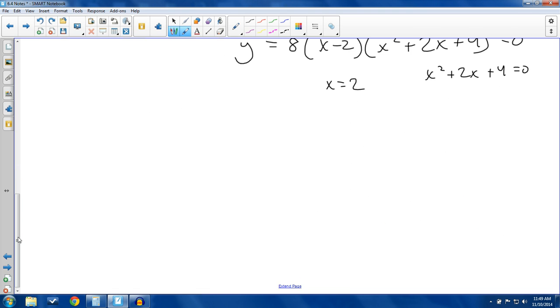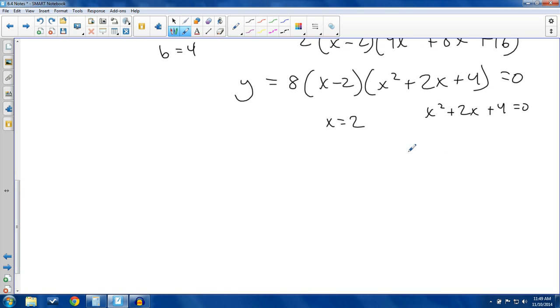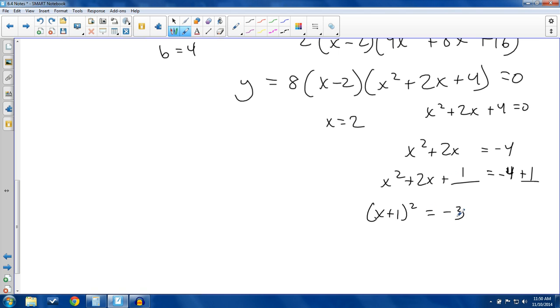Because I still have 5 more minutes, I'm going to give that one to you. Do x squared plus 2x equals negative 4. I'm going to complete the square on this one. X squared plus 2x plus 1 equals negative 4 plus 1. Right? Divide by 2 and square it. This becomes x plus 1, quantity squared. This becomes negative 3.